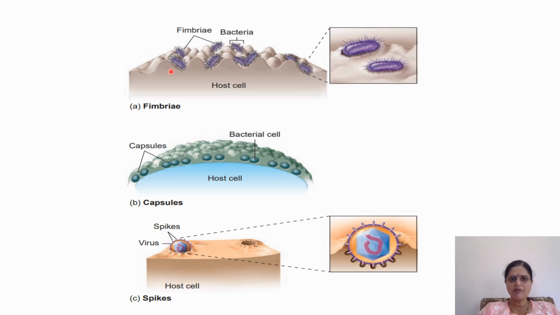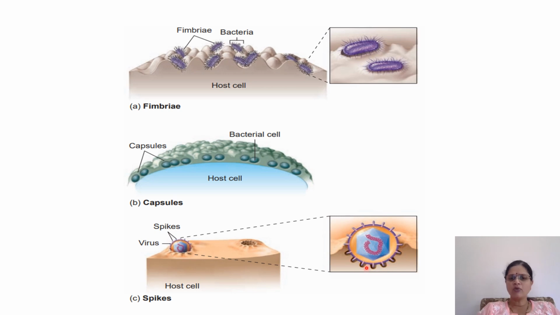So using the fimbriae, which is present on the surface of the bacterial cell, they can go and bind on the surface of the tissue, or using capsules that surround some of the bacterial pathogens, they can go and bind on the surface of the host cell, or the spike proteins, as I said, which are present on the surface of the viral capsid.